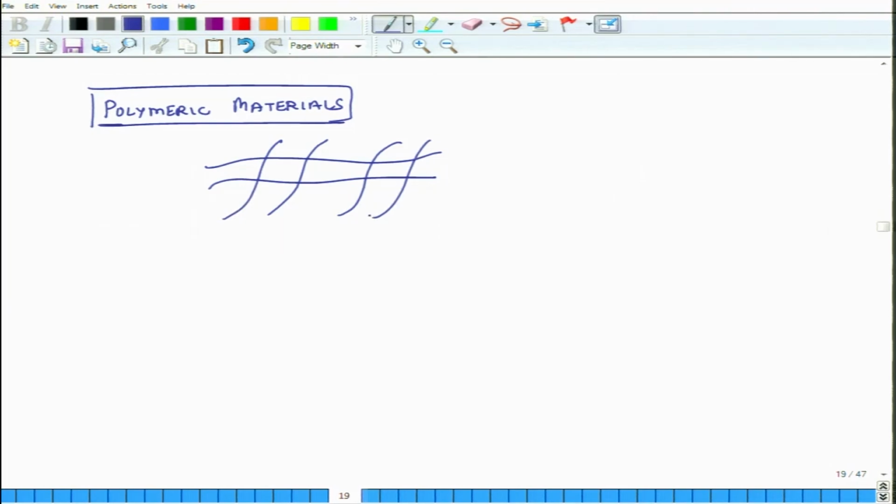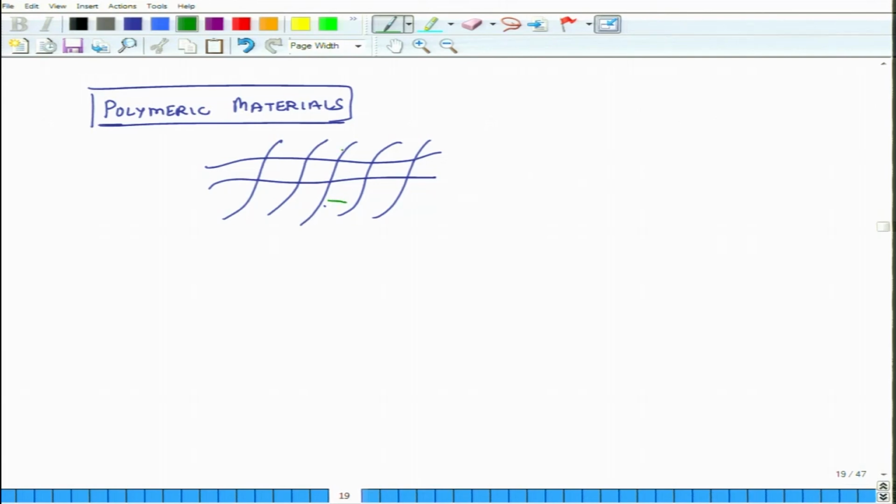So, these are all chains. Okay. So, along the length of the chain, the monomers are connected, and these chains are attached to each other through some very weak forces, van der Waals forces and some other weak forces. So, the connection between the chains is weak.